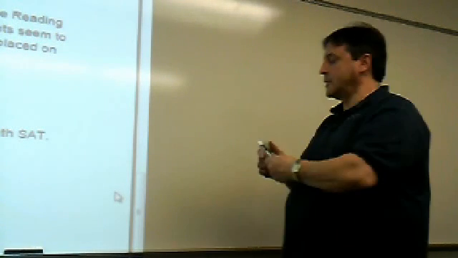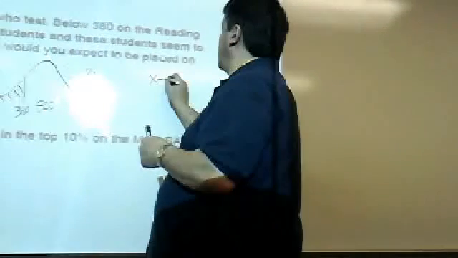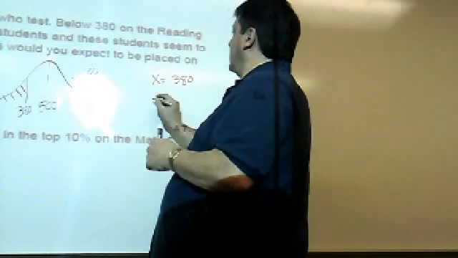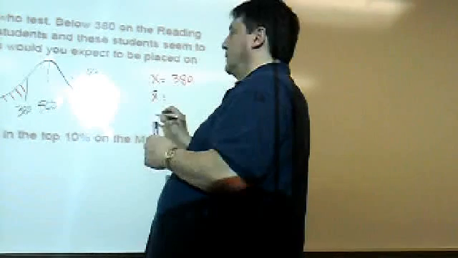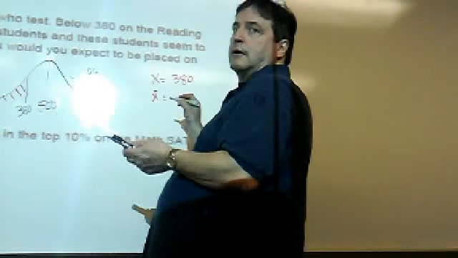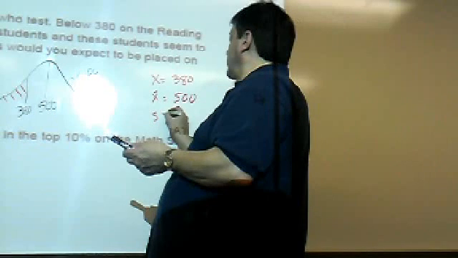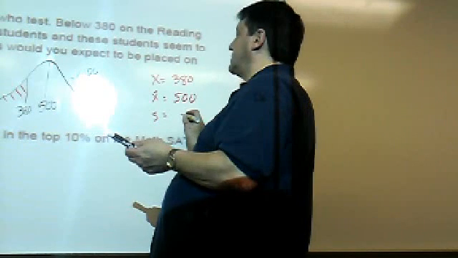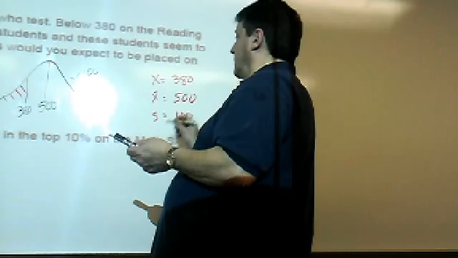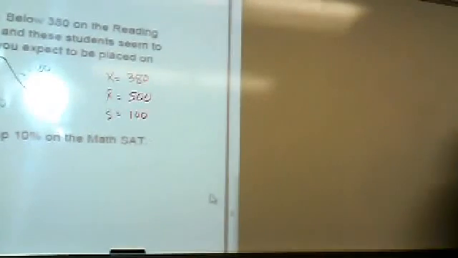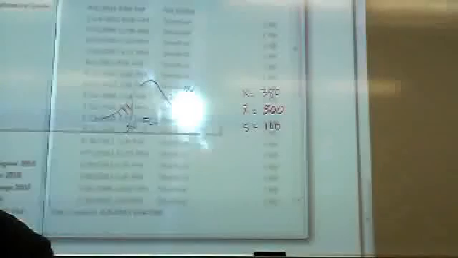So I've got to put in the score, which is 380, the mean, which is 500, and the standard deviation, which is 100. So when I go to norm dist, that was the first one, right? I'm going to go to norm dist.